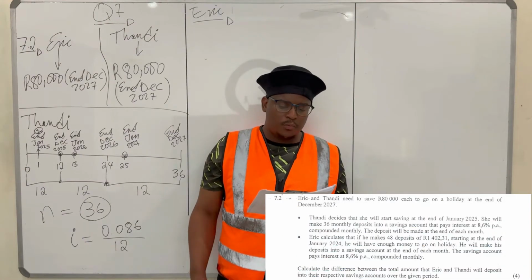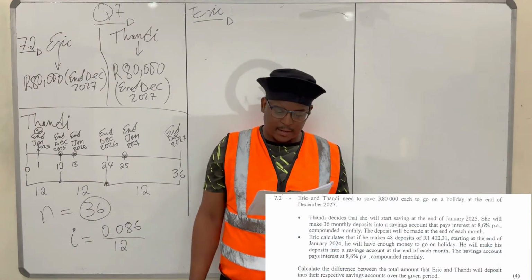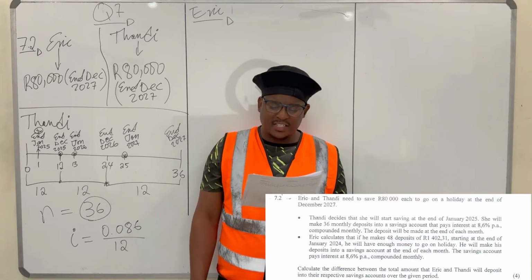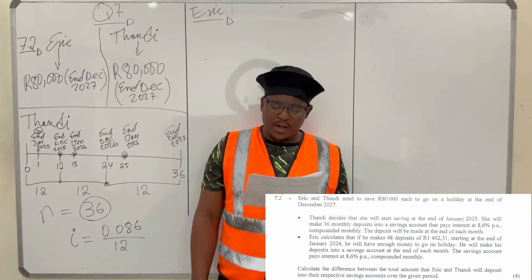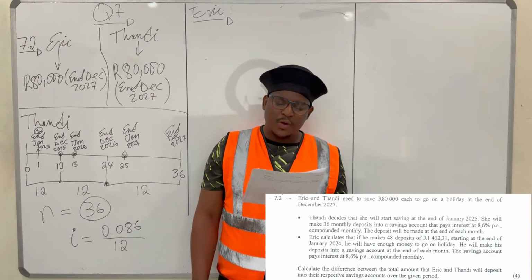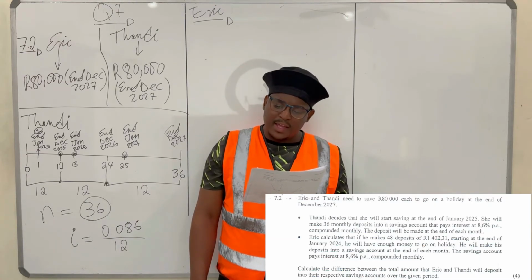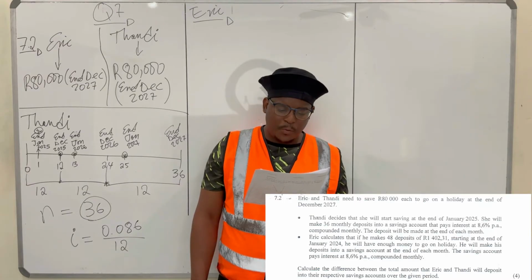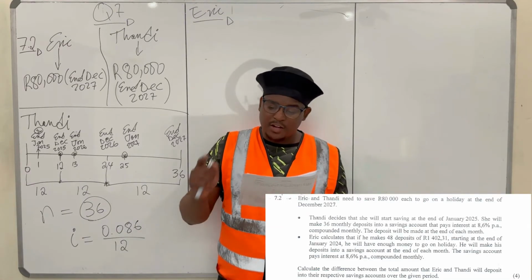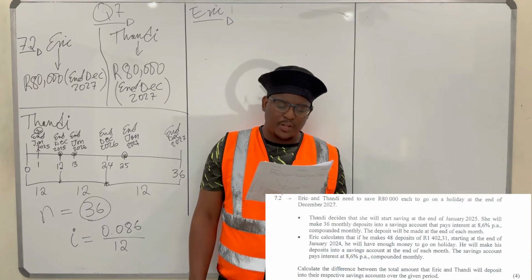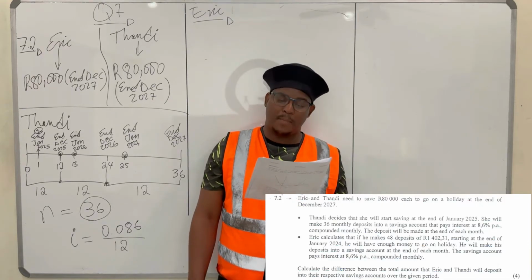Okay, so now we'll move on to our friend Eric. They are saying Eric calculates that if he makes 48 deposits of 1,402.31 starting at the end of January 2024, he will have enough money to go on a holiday. He will make his deposits into a savings account at the end of each month. The savings account pays interest of 8.6% per annum compounded monthly.